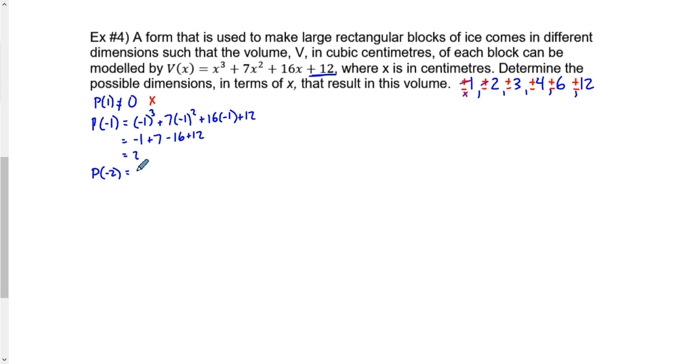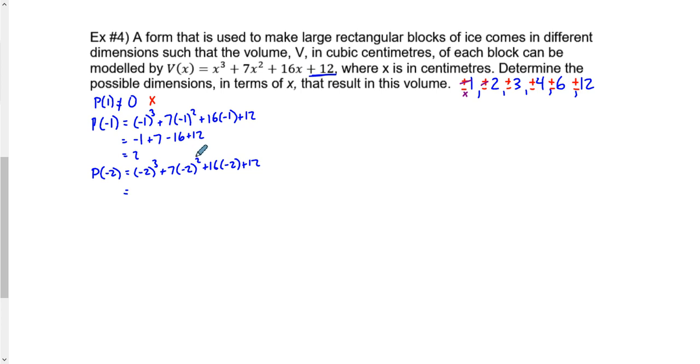This is what I do expect you to do, because I do expect you to write down that you are plugging negative 2 in. 16 times negative 2, 12. But I don't expect that secondary step.